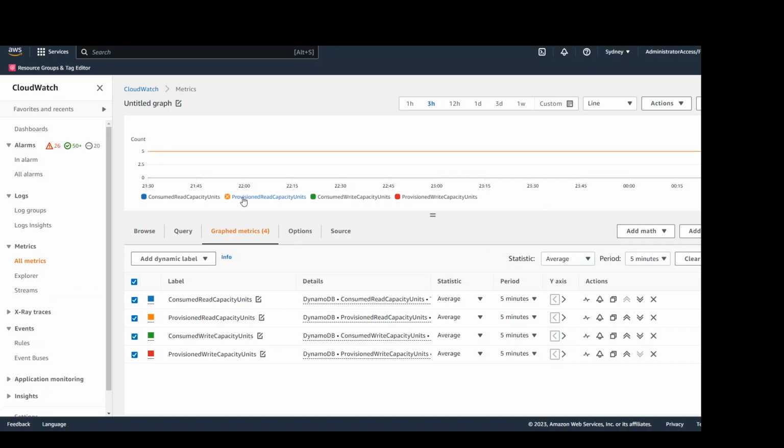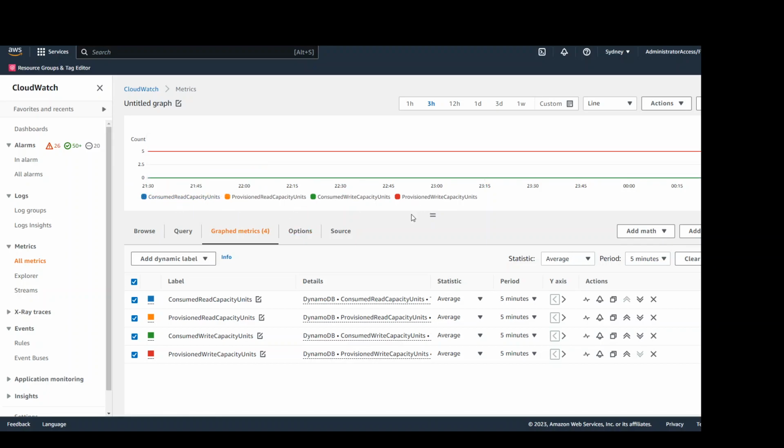If you hover over this orange provisioned read capacity unit, it will tell you that you have 5 of them, and you can see it on this axis, 5. Now, when you go to this blue one, the consumed one, you can see that the blue line is at the very bottom. So I'm not even using anything here.